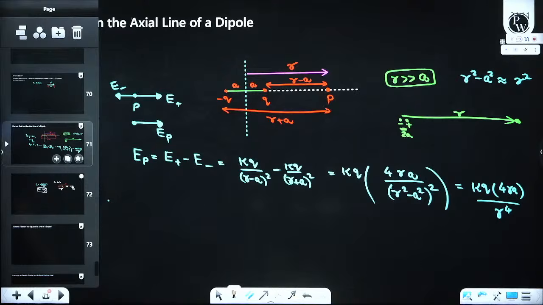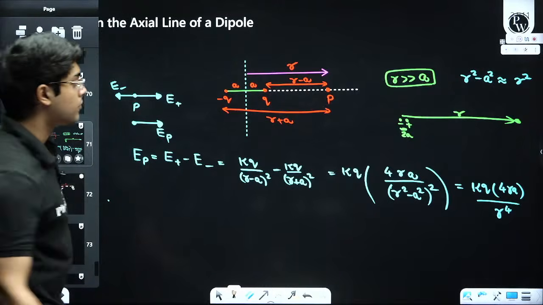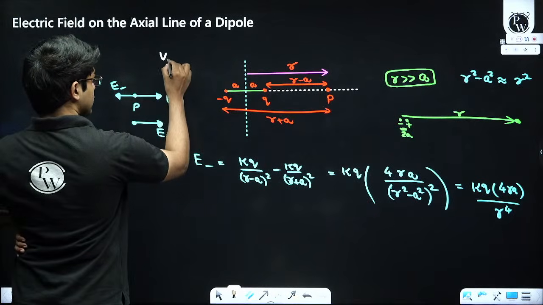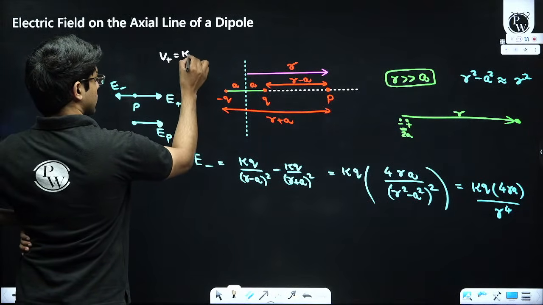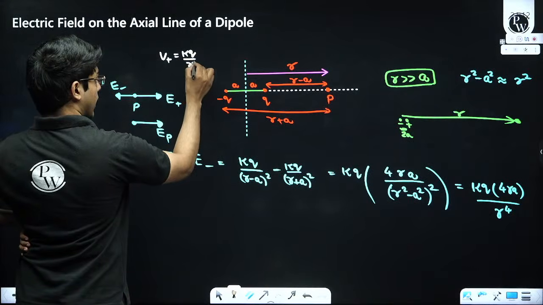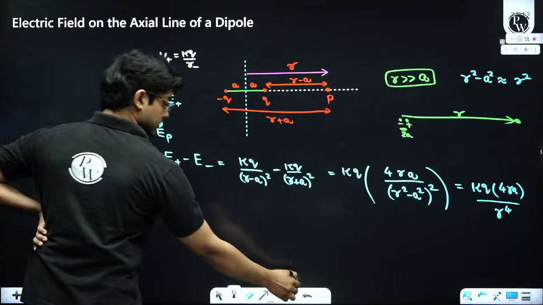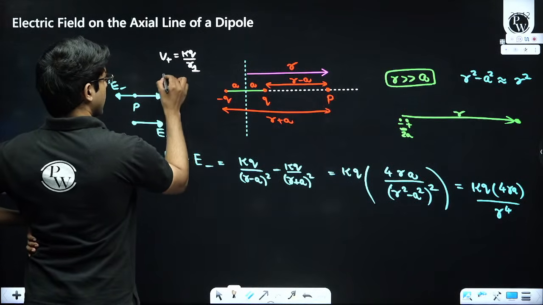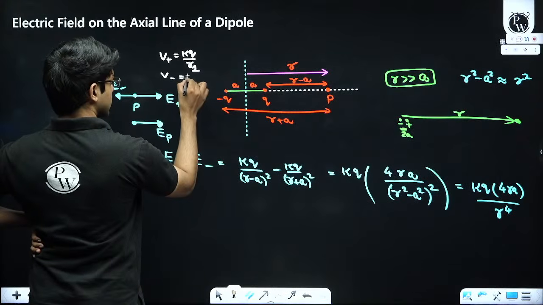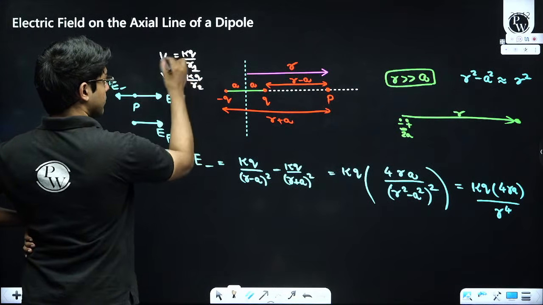Electric potential would be a scalar, right? That we'll cover in the potential chapter, but you can just add them like scalars. The potential due to positive charge is KQ by r, let's say this is r1, and the potential due to negative charge, let's say, is minus KQ by r2, and just add them like scalars.